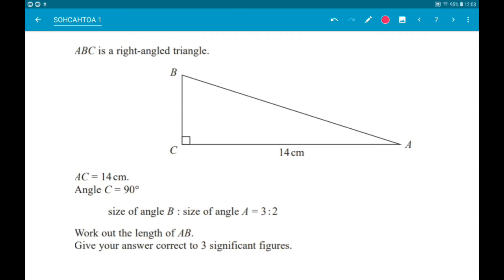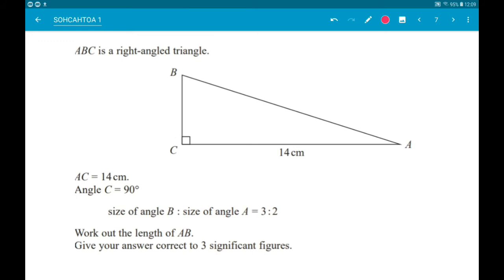So, again we have a right angle triangle. The length AC is 14 centimetres. Angle C is 90 degrees. Angle B to angle A is in the ratio 3 to 2. Our job is to work out the length AB, giving our answer to 3 sig figs.